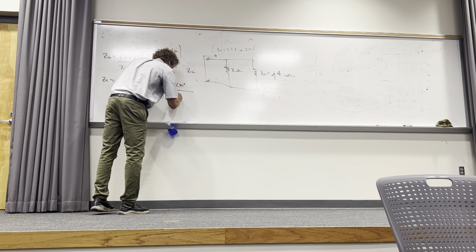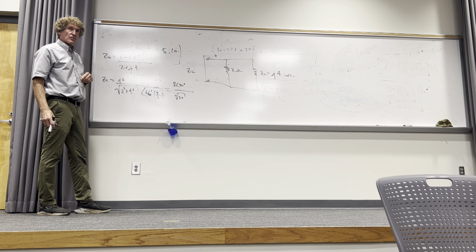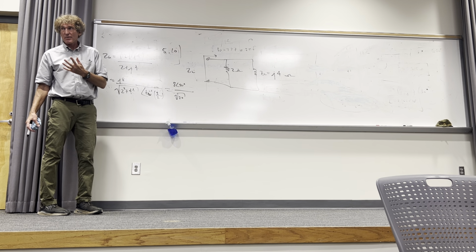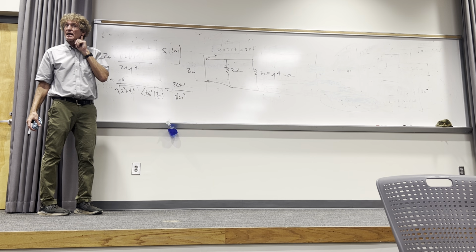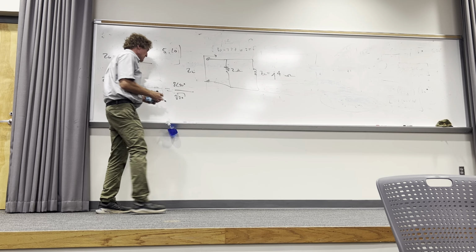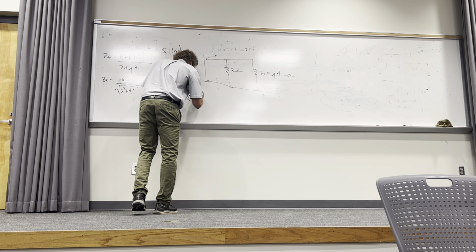Now, what's the inverse tan of 4 over 2, which is 2, in degrees? 63.44. Anybody confirm? All right, so this is really an angle of 63.44 degrees.